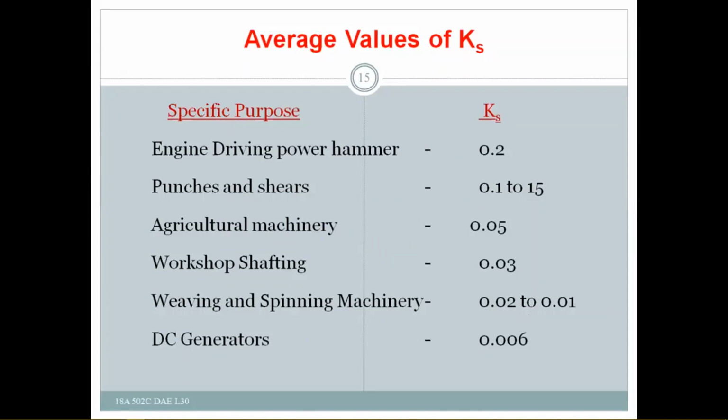These are the different coefficients of fluctuation of speed for various purposes. So this is all about the coefficient of fluctuation of speed.